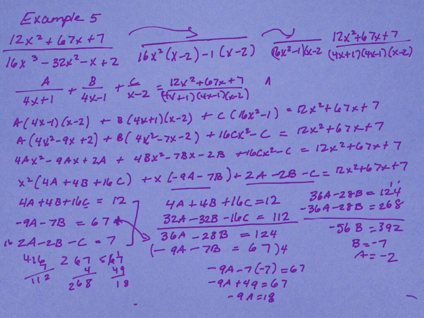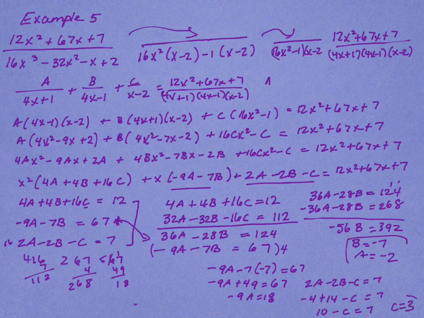All right, and now C. I'm going to do the last one. We had 2A minus 2B minus C equals 7. So 2 times negative 2 is negative 4, and then minus 2 times negative 7, so that would be plus 14. Minus C equals 7. So 10 minus C equals 7. So C equals 3.